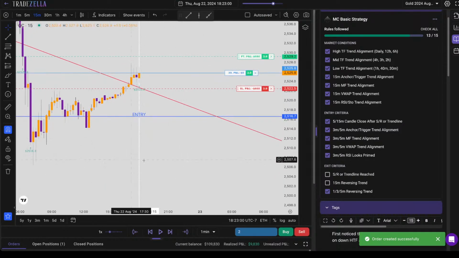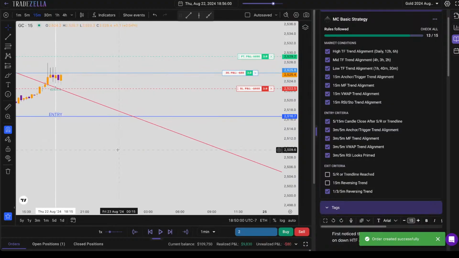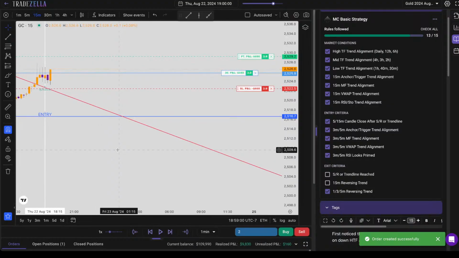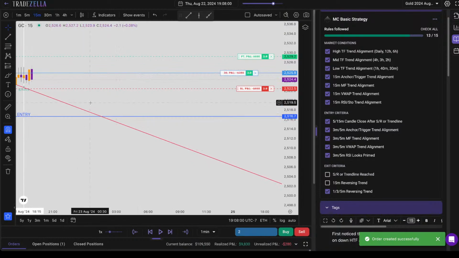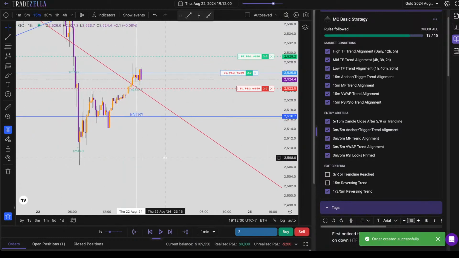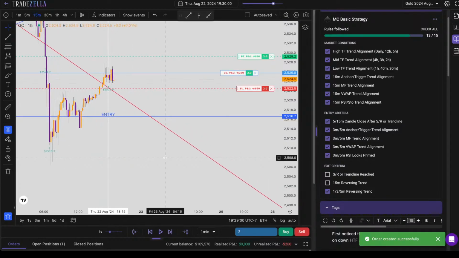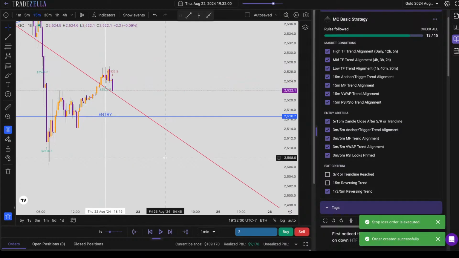So we were in the trade for about an hour. There it is.